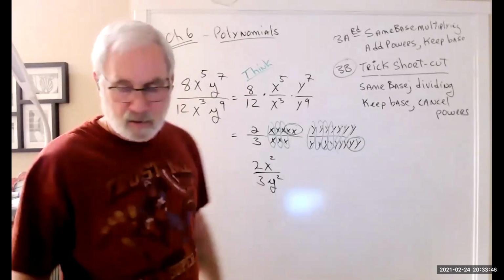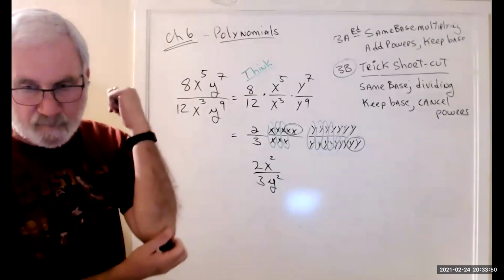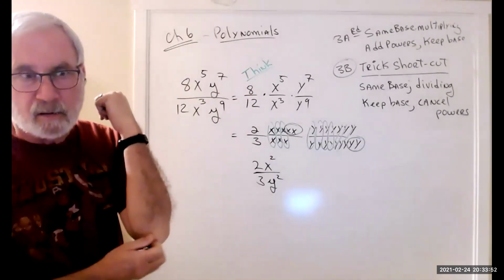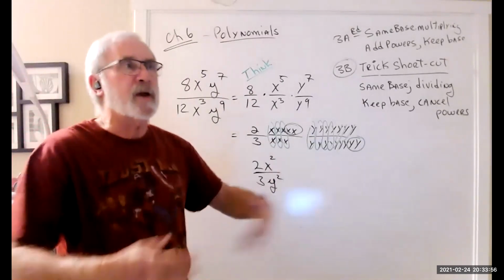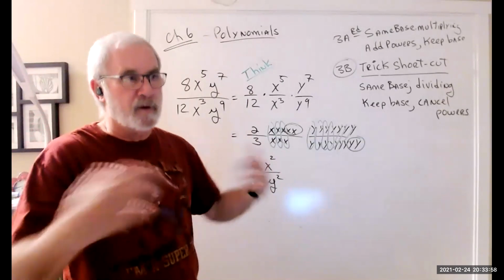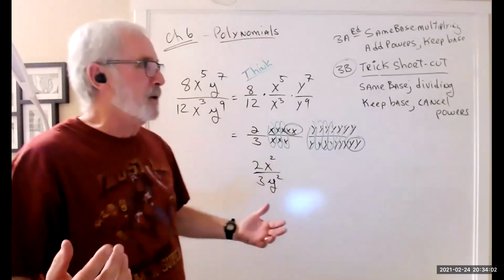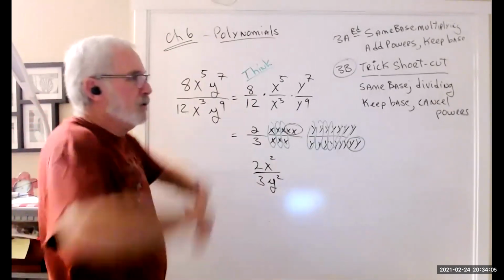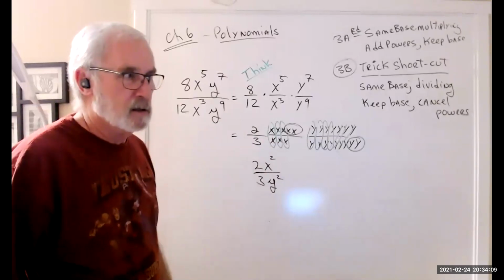I was wondering, is the x on top because of that, and the y's on the bottom because of that? Yeah. And if you had more on top of everything, then you're just left with more on top and none on the bottom, and that's okay.